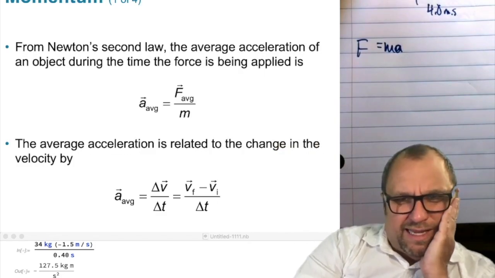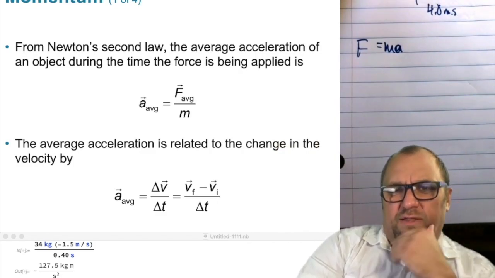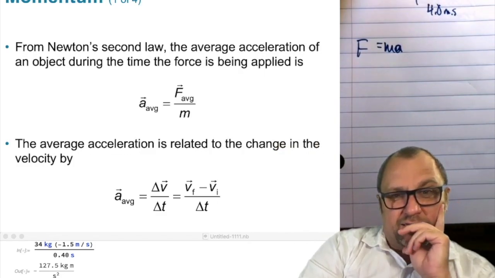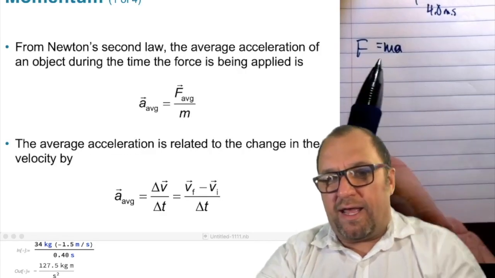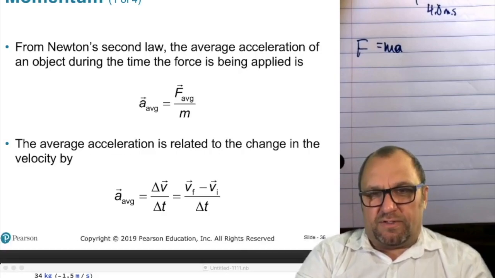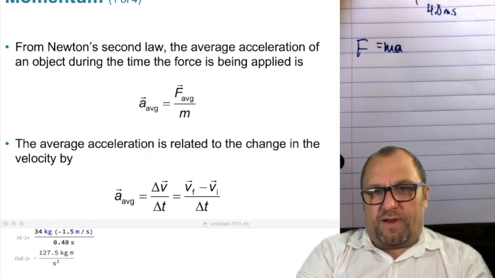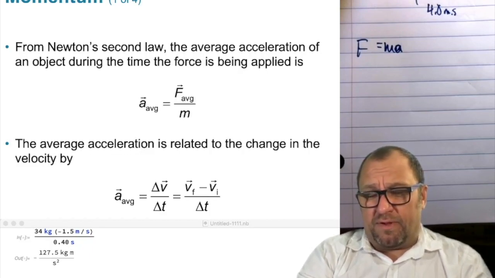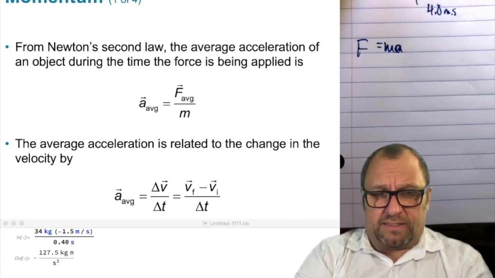Okay, from Newton's second law, the average acceleration is related to the change in the velocity by the average acceleration equals delta V divided by delta T. So delta T is our time period, and then delta V is our change in velocity.